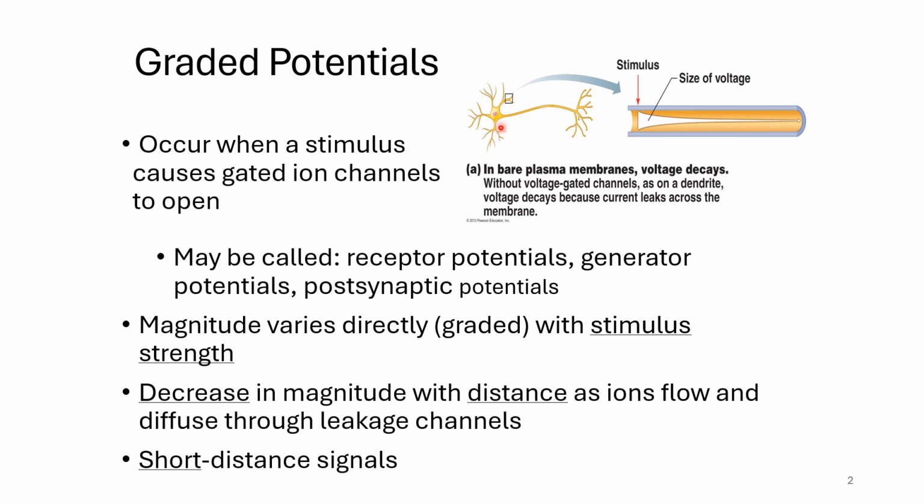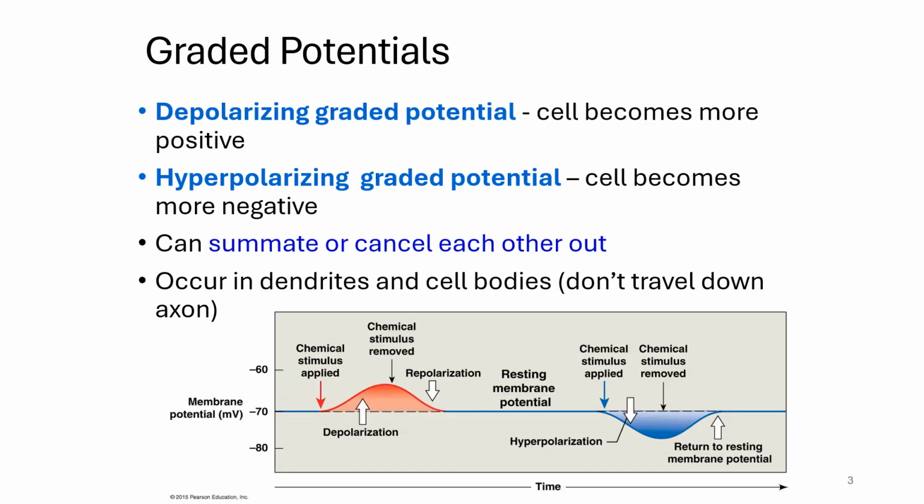When that stimulus causes a small potential across this dendrite, it doesn't last very long. It causes the ions to move through their leak channels, but only over a very short distance. So let's see what some of those look like in a graph. For the graded potential, we see a depolarizing one over here and a hyperpolarizing one.